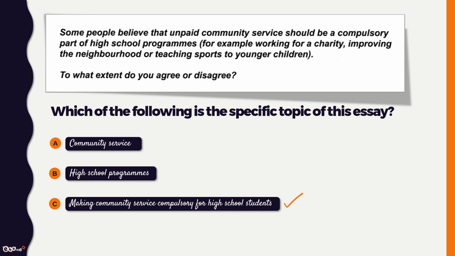Very important part of analyzing any question is to know what's the specific topic asked to the candidate in the question or the task prompt. Hopefully you might have got that right. If you haven't, just pause this video, read it again, and then you might have reached the right answer.